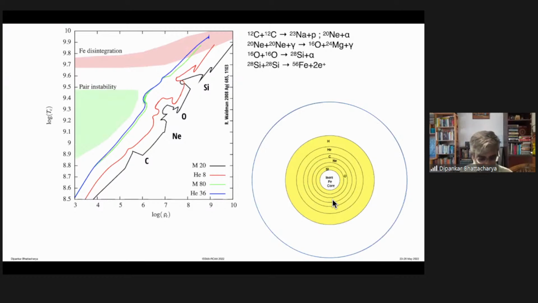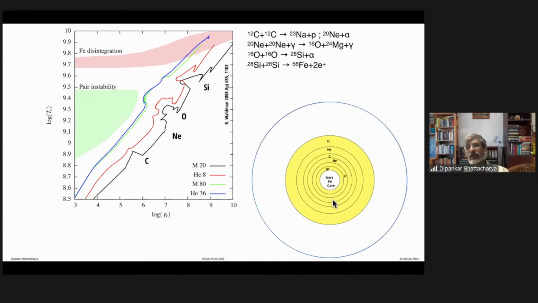So this Fermi energy will keep going up. So at some point, the Fermi energy of the electrons will become larger than the rest energy difference between proton mass and neutron mass. So at that point, it becomes energetically favorable for a proton and an electron to combine and produce neutrons.